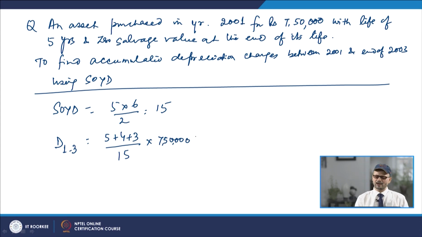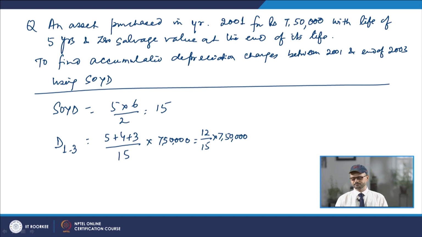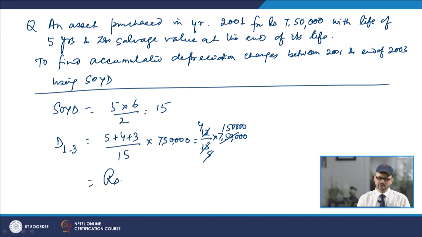So, it will be 12 by 15 multiplied by 7,50,000, and this amount will be 4 and 5, and this will be 150,000. So, it will be rupees 6 lakh.